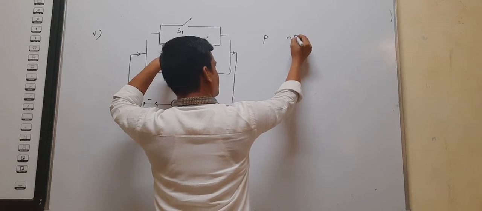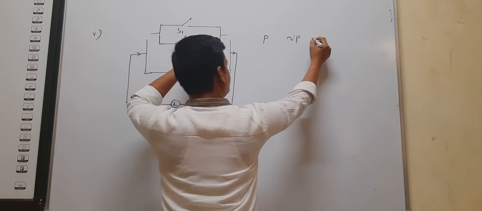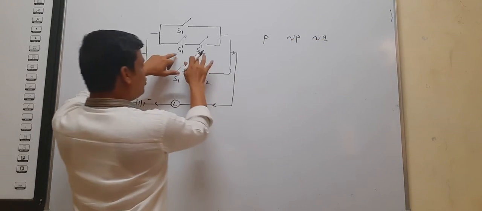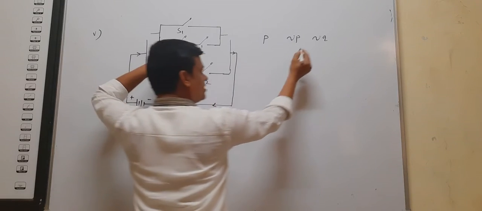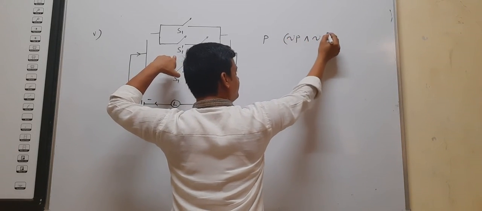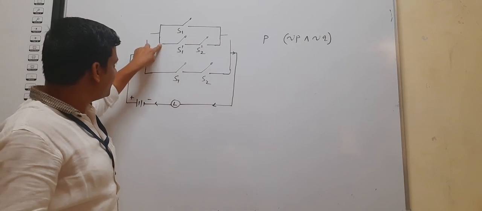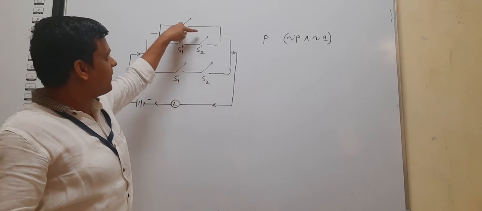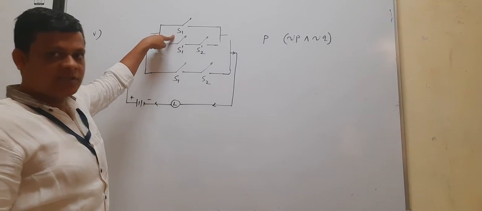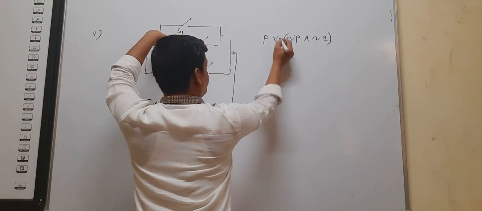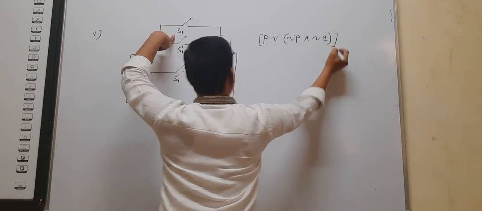S1 dash means negation of P, S2 dash means negation of Q. These two switches are in series combination, so we write it that way, and this circuit is in parallel combination with switch S1, so we write here OR.